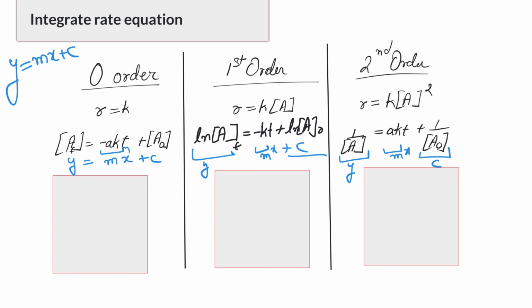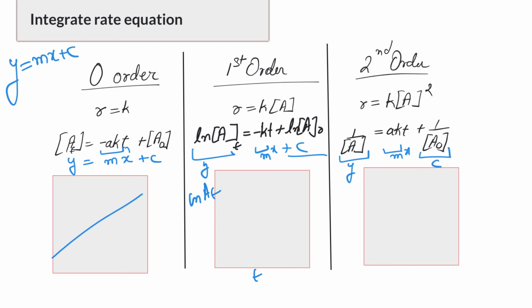if you plot a graph between at and t, so y mx, right? If you plot a graph between at and t, and if your graph is a straight line, that's a zero order reaction. But if the graph is a straight line between ln at and t, then that will be a first order reaction.